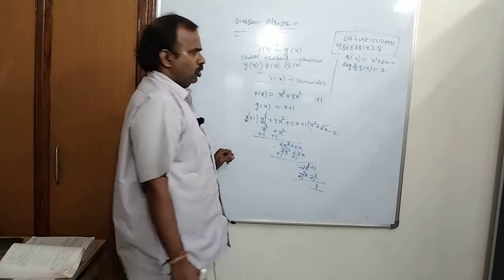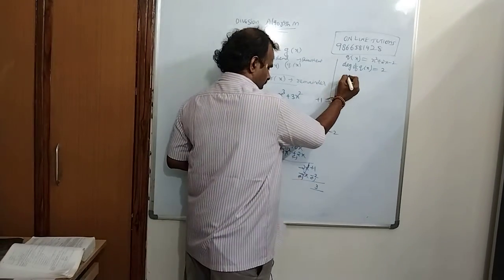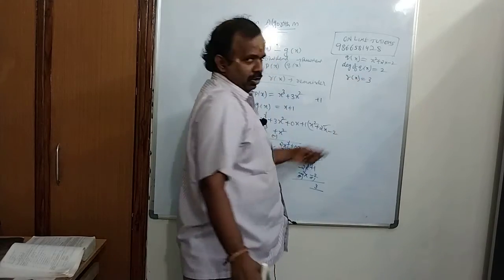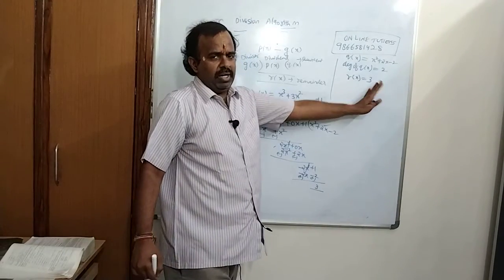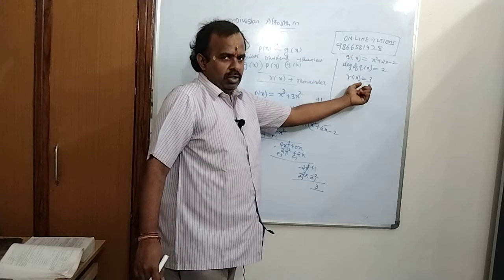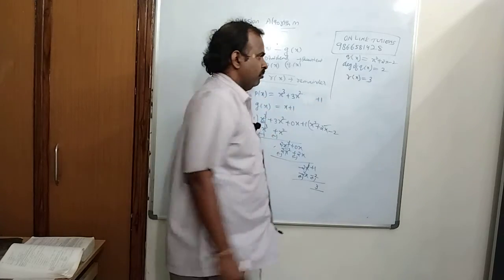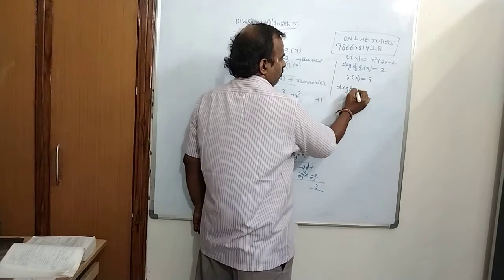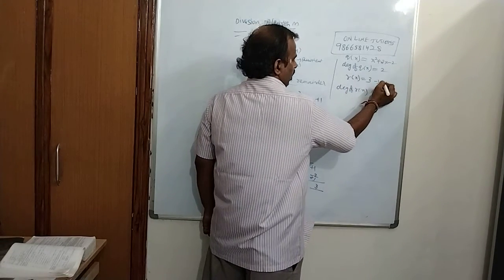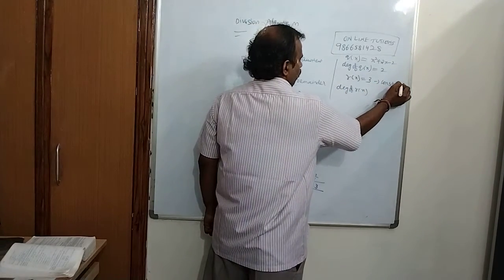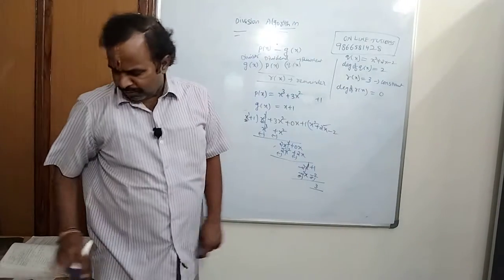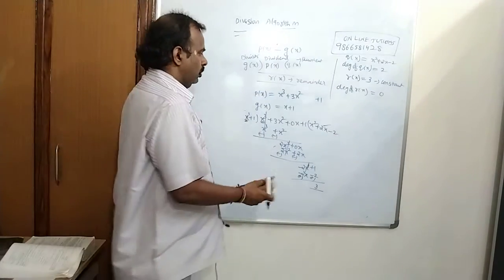So degree of q of x is 2 and remainder r of x is 3. Even though it is not having any x, according to our rule, we write it as r of x. Here 3 is a constant, so degree of constant is 0. How is degree of constant 0? Now I will tell you.